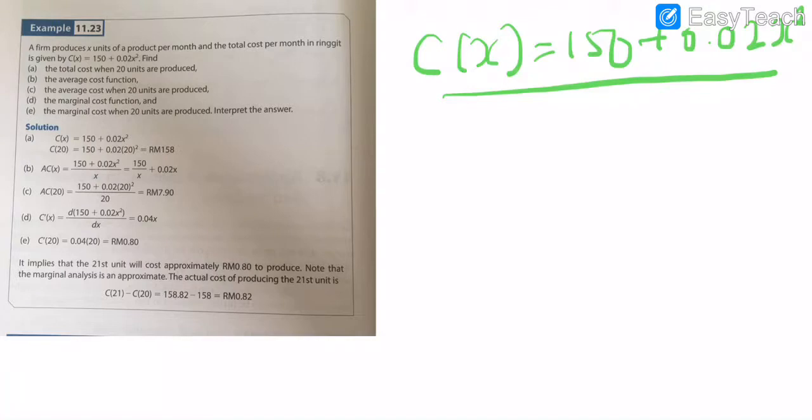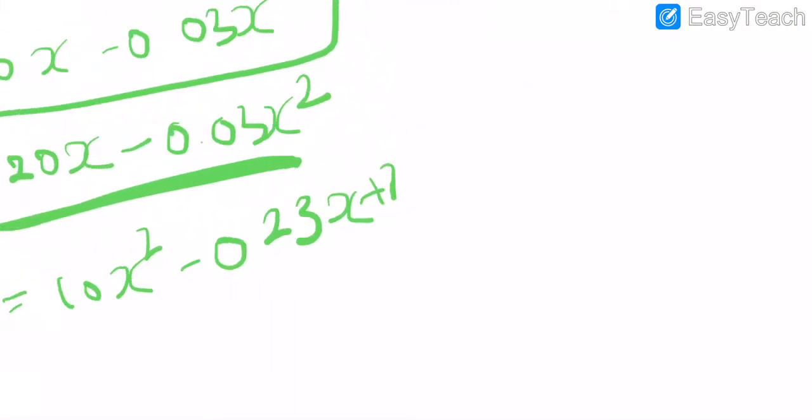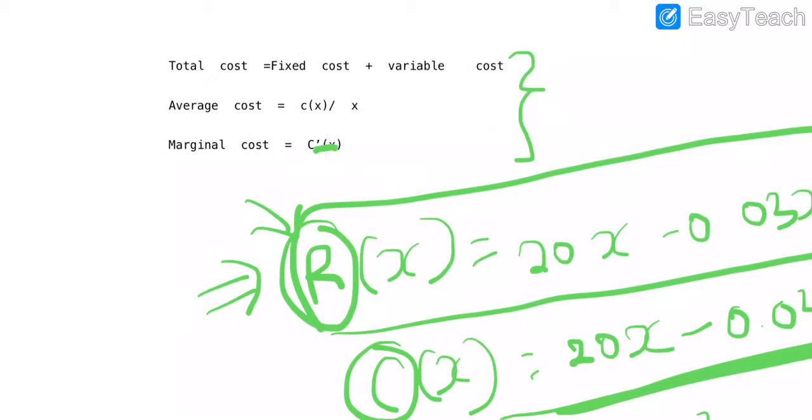So the first question here is the total cost when 20 units are produced. This is so simple, whereby you just replace the x here with 20 units. Then you can find the total cost. Okay, the second one will be the average cost. So when you look back at the formula that I gave to you, average cost here, meaning to say that the total cost function divided by the units.